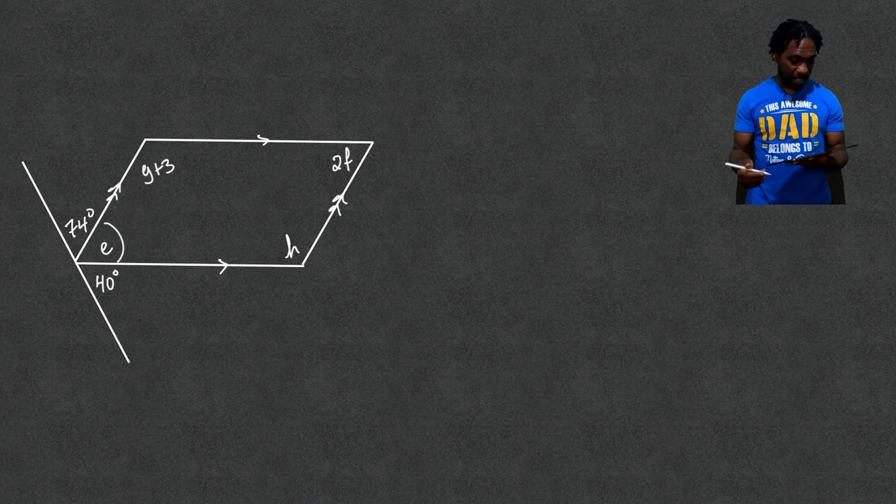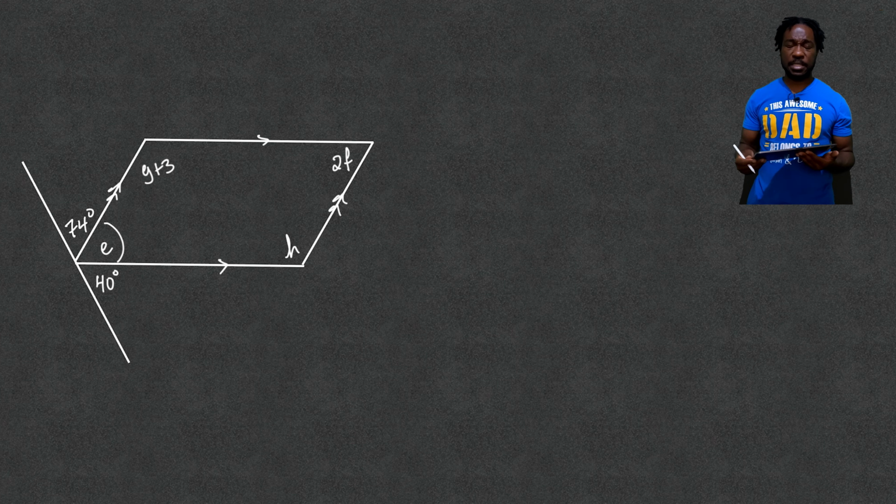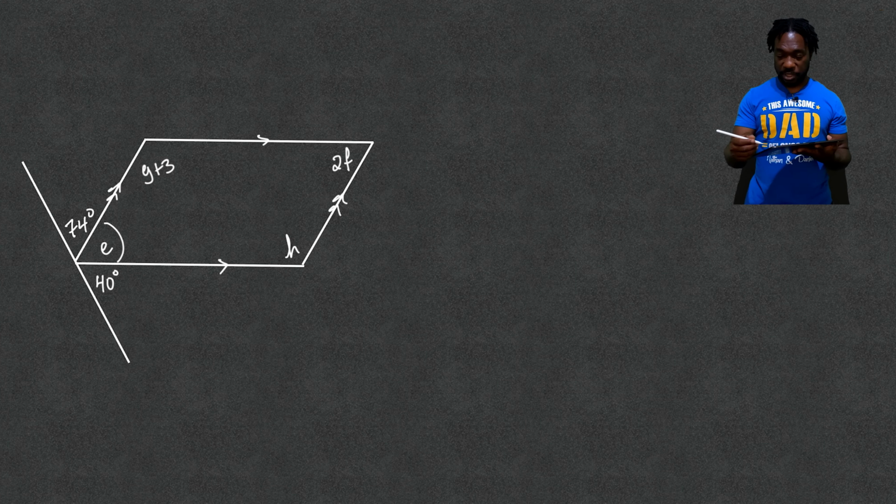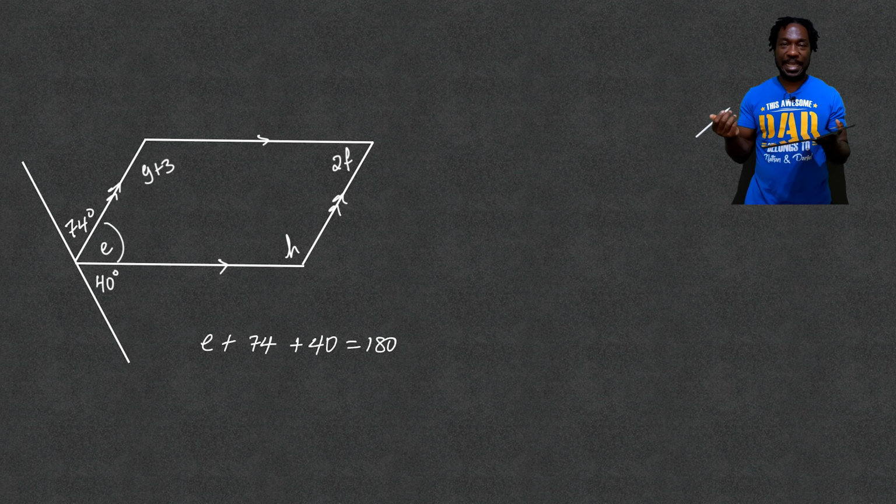Let's go through this final question. Again, alphabetical order. So we're going to go E, F, G, and then H. Let's start with E first, which is in this corner here. Now, E forms part of a straight line there. That's really cool because I know all angles in a straight line add up to 180 degrees. I know that E plus that 74 degrees plus that 40 degrees must add up to 180 because it's a straight line.